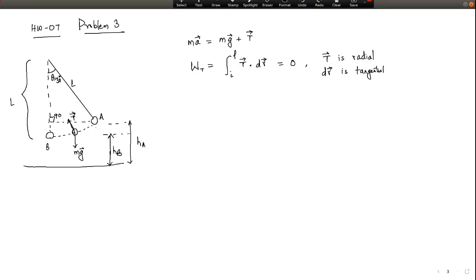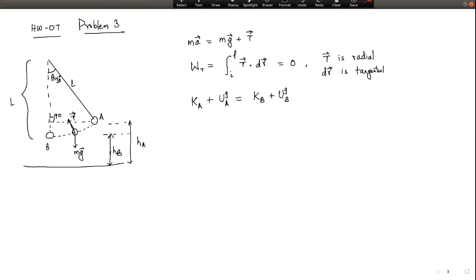So kinetic energy at point A plus the potential energy at point A will be equal to the kinetic energy at point B plus the potential energy at point B. Or another way of saying it is that the change in kinetic energy between points A and B is the same as the change in potential energy, except they will be in opposite signs because together they have to be zero. The change has to be zero.